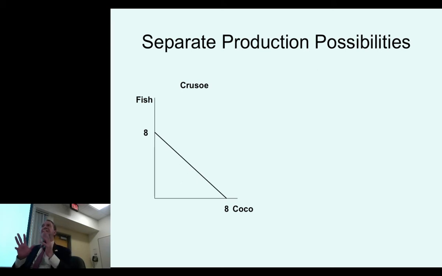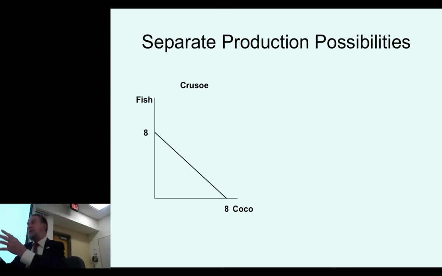So right away, as I said, once you've drawn the maximum, and that's what that is, a maximum combined rate of production for him, any point on the interior is reachable with that 8 hours of labor. Any point on the line is not only reachable, but it is efficient because he's allocating all of his efforts in the appropriate way to get the most possible fish when he's producing a certain amount of coconuts.